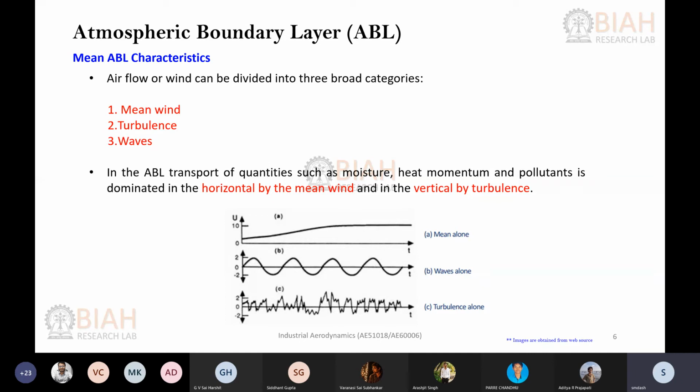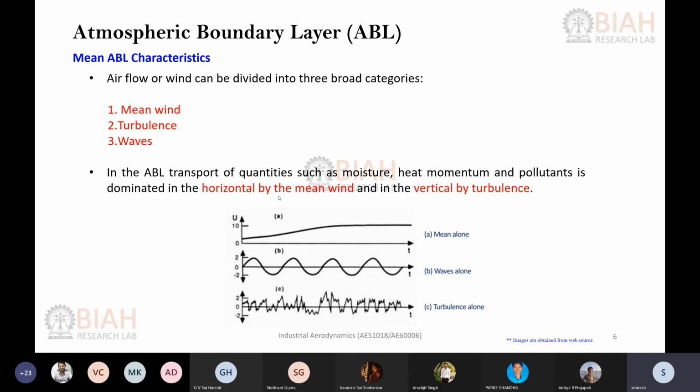We separate them, and whatever prediction we do, we try to do on the mean wind condition, or when you are interested in the turbulence intensity at a particular location, you just investigate the fluctuating part. And for a few applications, waviness is also important. So they can be studied separately. That is what I want to say.